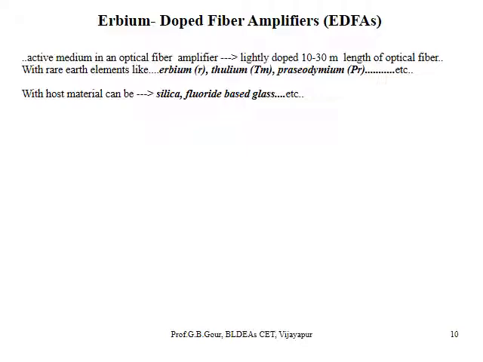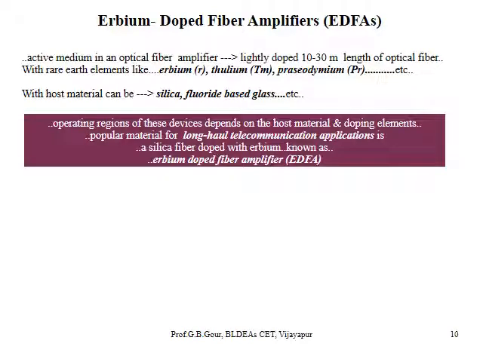Next we'll switch to another type of optical amplifier, known as erbium doped fiber amplifiers, also known in short form as EDFA. If you look at the definition here, erbium is a very rare earth element, one of the rare earth elements listed here, like thulium (TM), praseodymium, and so on. It is so lightly doped that it has 10 to 30 meters length of optical fiber.